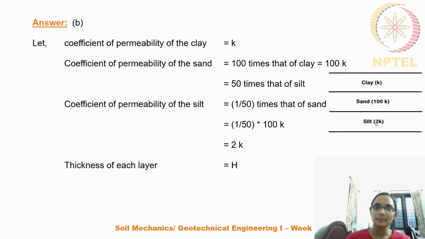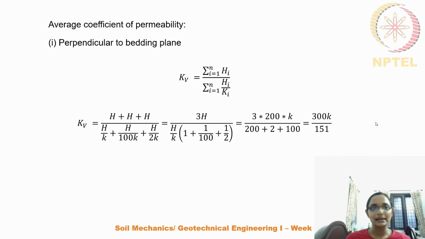Now, we have two separate equations for the equivalent coefficient of permeability for the parallel plane and perpendicular plane. First, considering the perpendicular bedding plane, we have the equation Kv is equal to sigma Hi by sigma Hi by Ki. Hi is the depth of the layer and Ki is the coefficient of permeability of that layer. So here all the depths are same, that is capital H. First layer has a permeability K, second has a permeability 100K, third one has a permeability 2K.